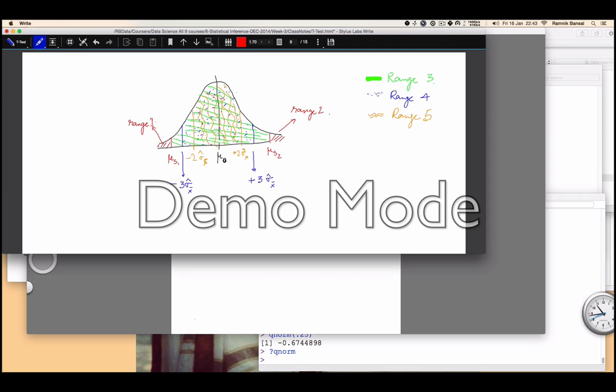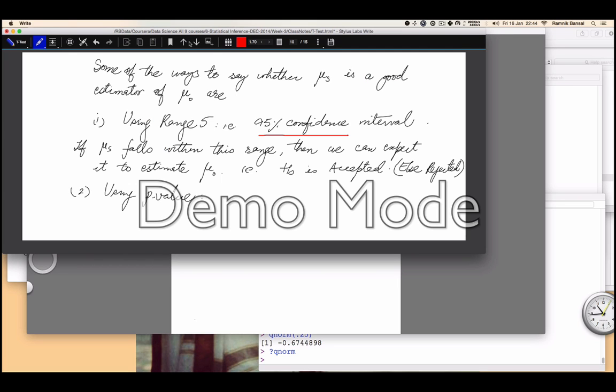Then range 4, let's say I assume that the values are up till minus 3 sigma till plus 3 sigma. So that's my range 4, let's say. Then the yellow or orange one is minus 2 sigma to plus 2 sigma. Like that I can define my ranges, right? So I have a range 1, a range 2, a range 3 and different ranges that I'm defining. I can define any number of ranges.